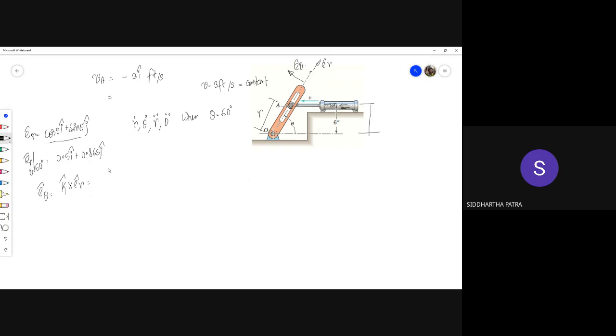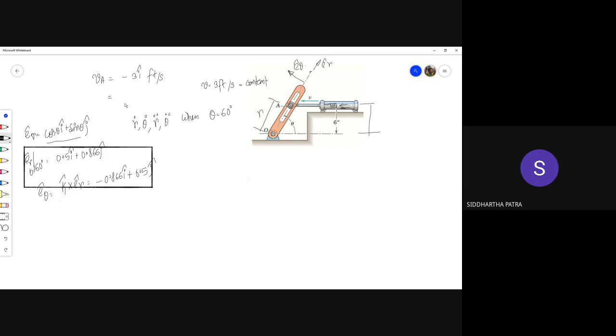I would simply do k cross, and that would tell me, since k cross j is minus i, it is minus 0.866 i plus 0.5 j. Now this is e theta and this one is er. I need to use these two expressions.